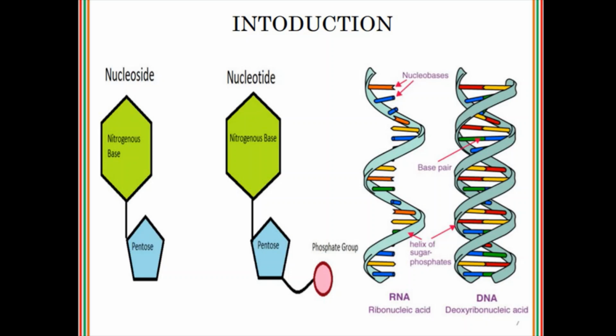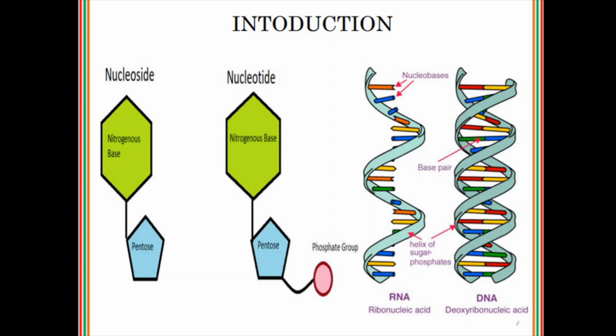Okay, so a nucleotide is made up of three things: a nitrogenous base, a pentose sugar, and a phosphate group. What you must know is that a nucleotide is the building block of a nucleic acid.